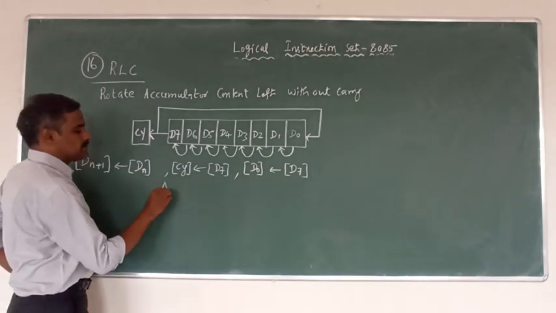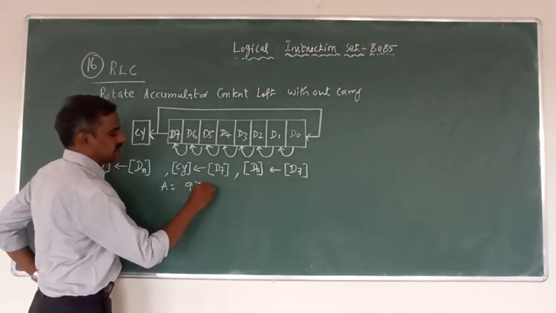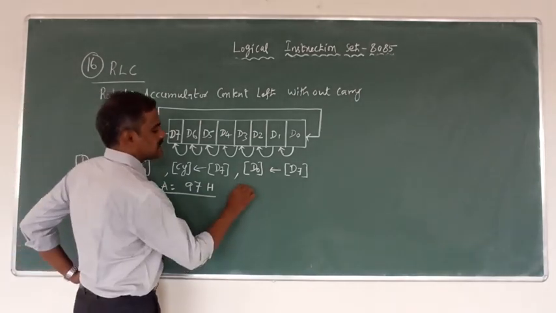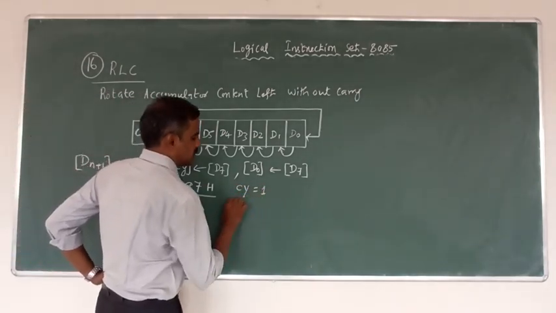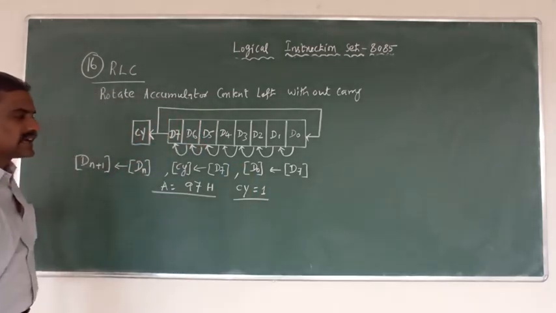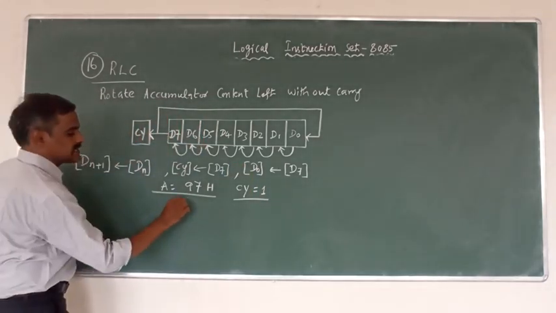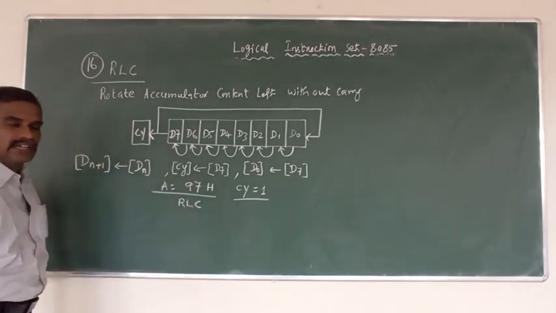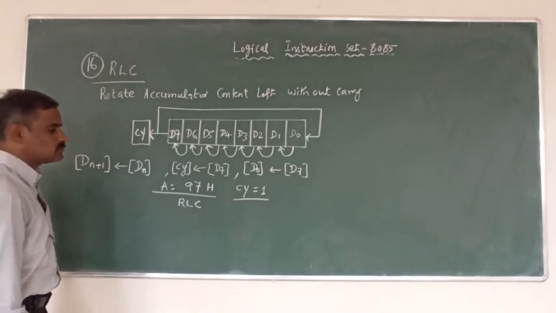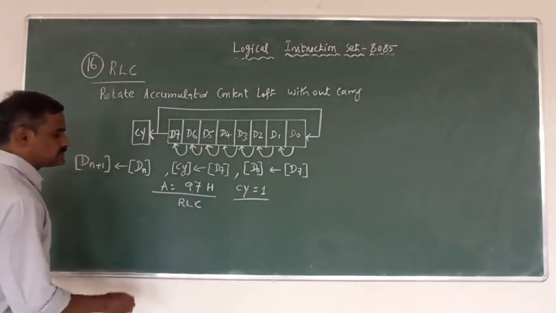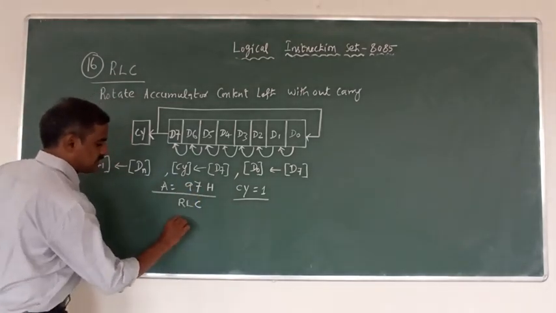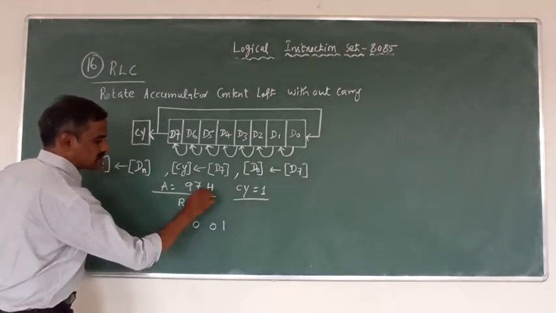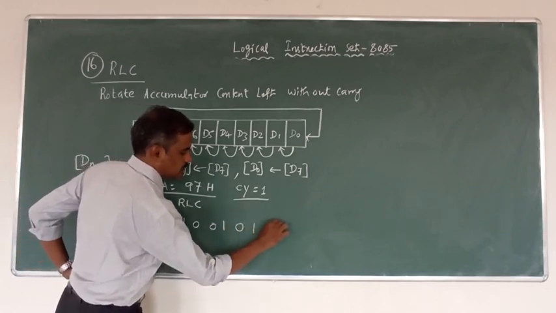Suppose, for example, 97H and carry 1. After RLC it will move a single bit position. Here 97 is 1 0 0 1 0 1 1 1.